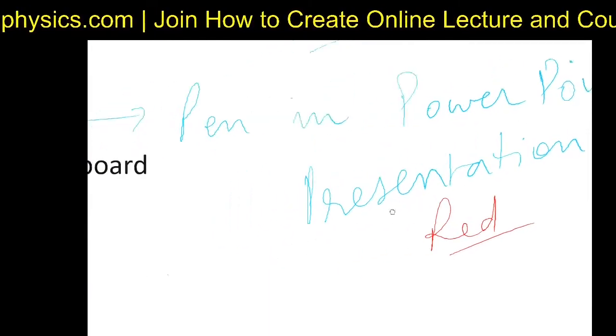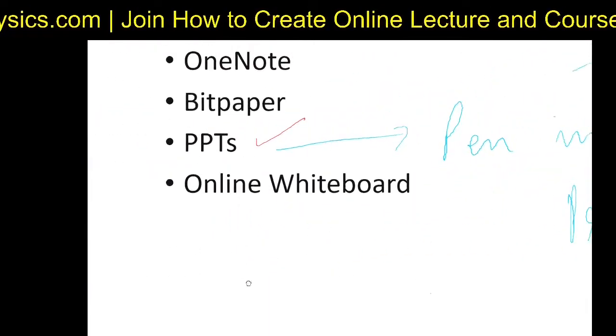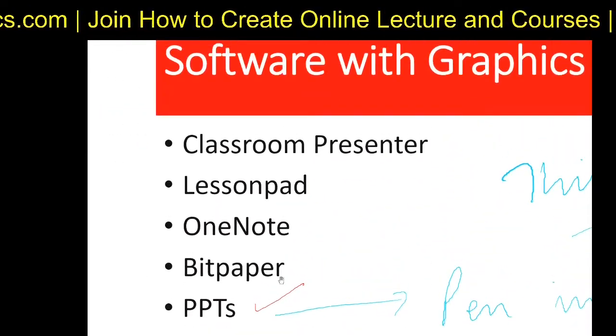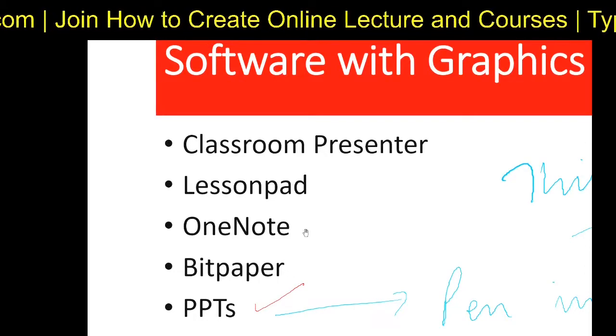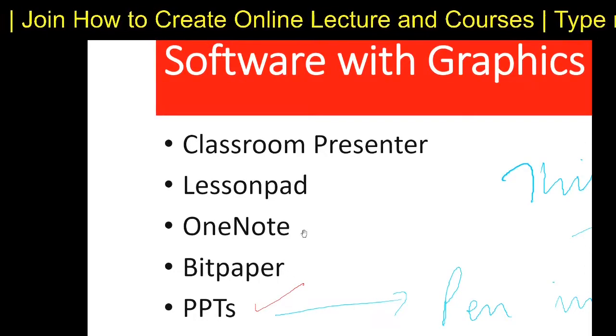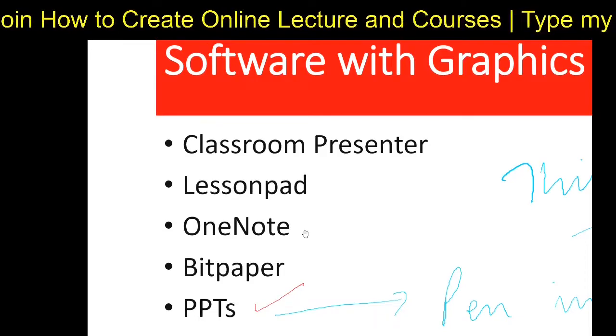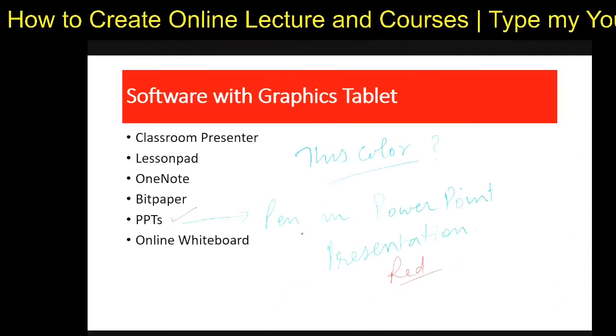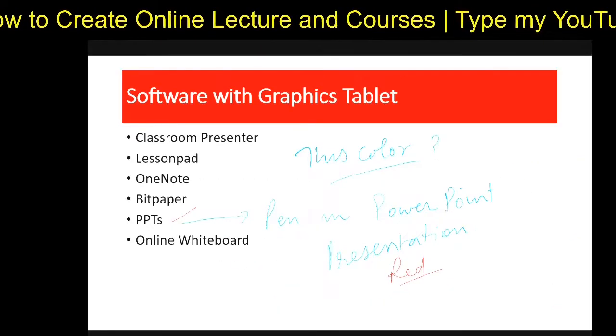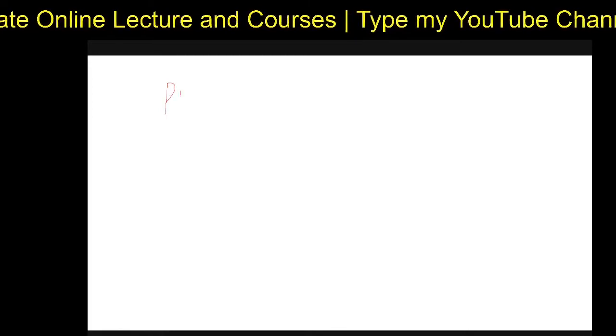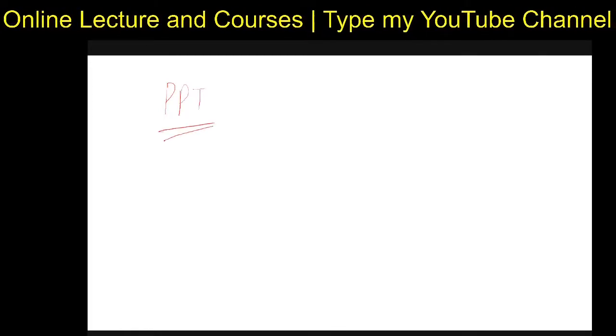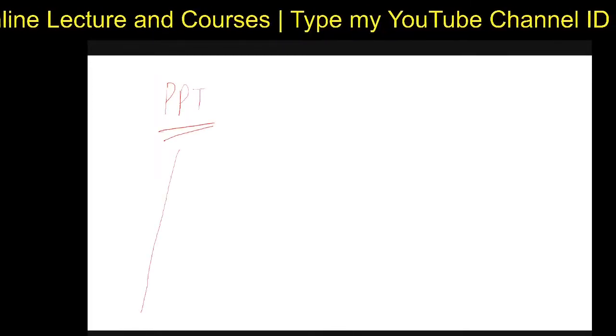Now after zooming the PowerPoint presentation, how can we come back to the normal slideshow? You just use the escape button. I use the escape button. So in the next slide, the application of PowerPoint presentation, I am using PowerPoint presentation here at the bottom side.